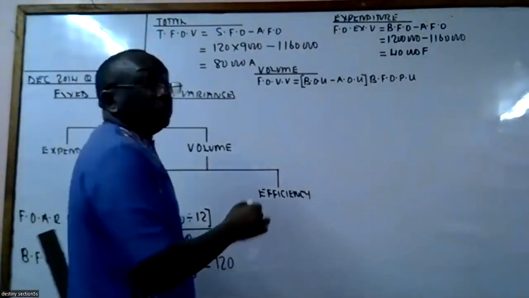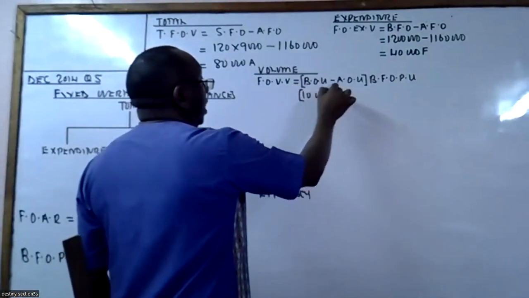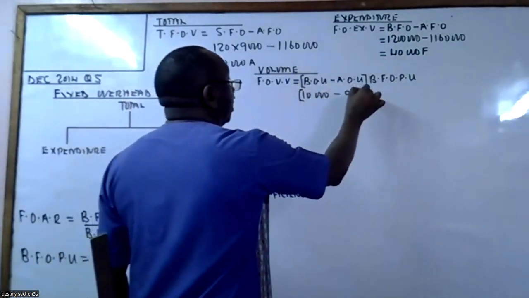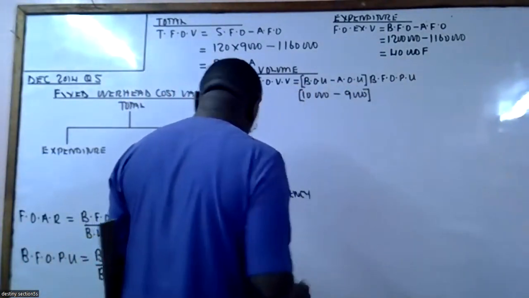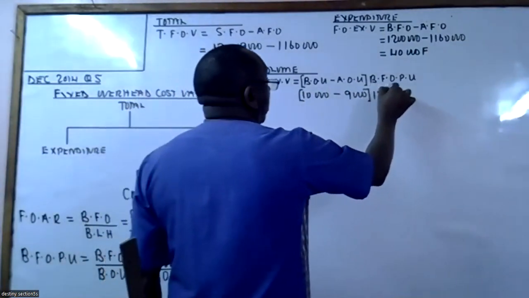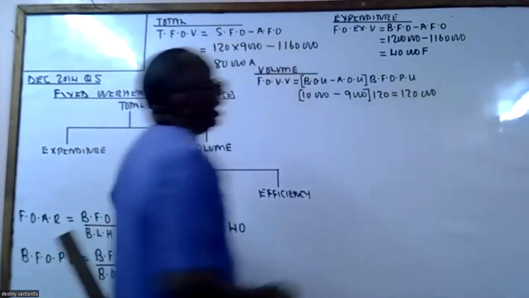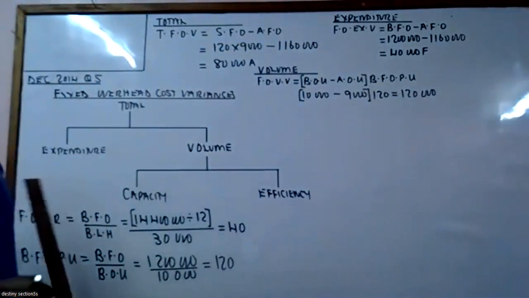So the budget output was 10,000, and the actual output turned to be 9,000. And this one is 120. So straight on, that must be 120,000.